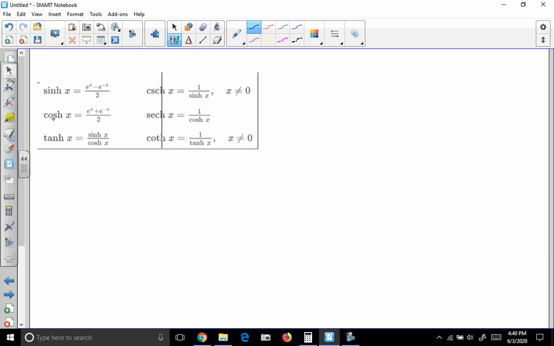If we're calculating hyperbolic cosine, it's e to the x plus e to the negative x over 2. Tangent is still sine over cosine, so hyperbolic sine over hyperbolic cosine. Cosecant is still the reciprocal of sine, so if we know sine, cosecant is 1 over sine, secant is 1 over cosine, and cotangent is 1 over tangent.